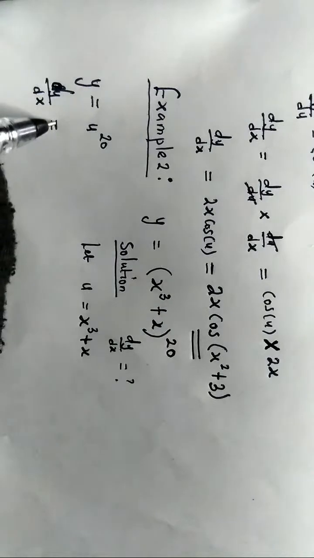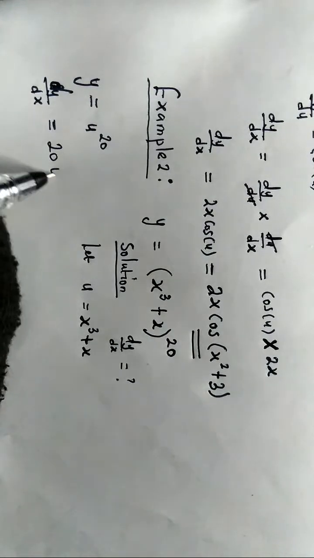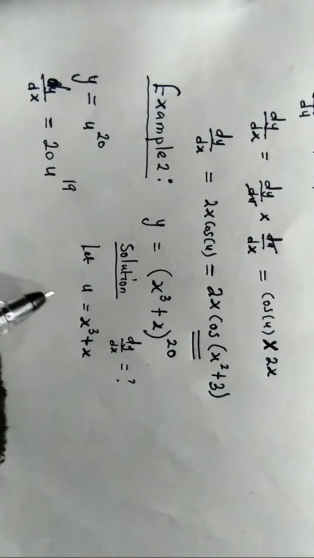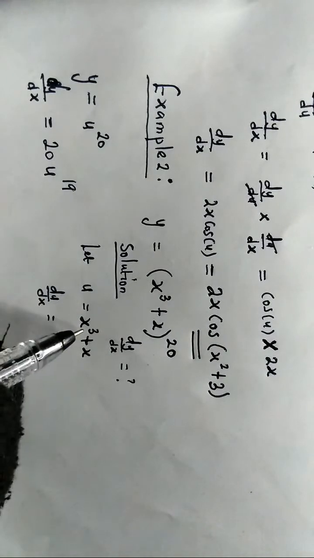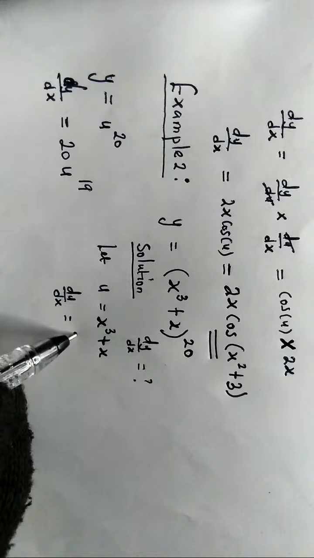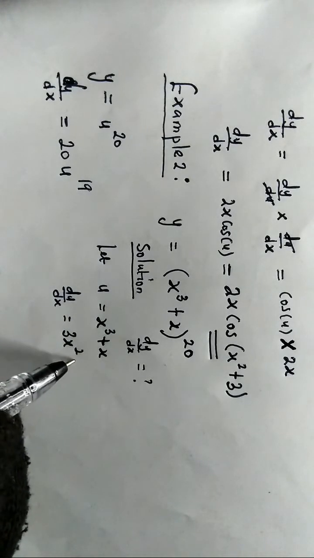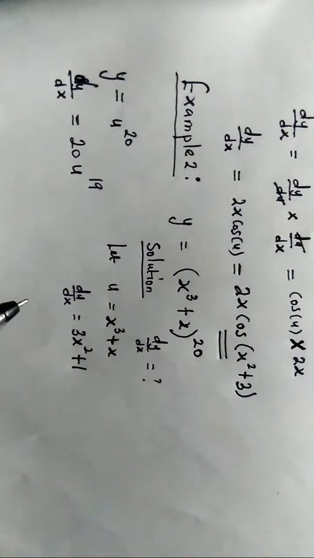So dy du will be 20, that is the power, multiplied by u raised to 20 minus 1, which is 19. And from here, du dx will be the derivative of x cubed, which gives us 3x squared, plus the derivative of x, which gives us just 1.